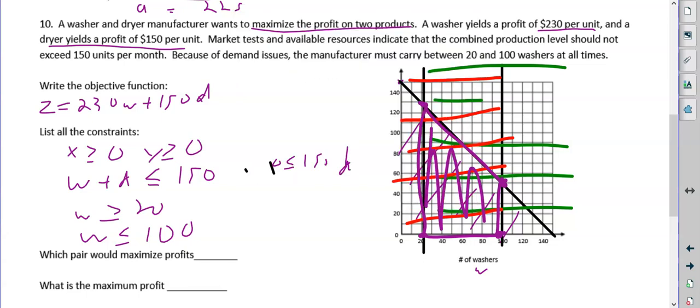So what are my corner points? My corner points are 20, 0. 140, 0. Wait, hold on. 100, 0. Sorry, 100, 0. Then 100, 50. That's this one right here. And this one right here at 20, 130.